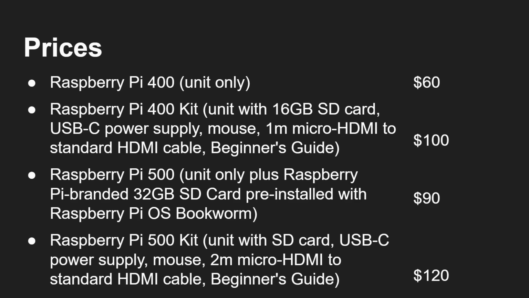Now the Pi 500, you pay $90 for just the base unit, but now you do get the Pi branded SD card with the pre-installed version of Raspberry Pi OS, and it's a 32GB card. So you're getting the base unit and an SD card now. And if you want that same kit with the power supply and the mouse and the cable and the beginner's guide, then you now pay $120.